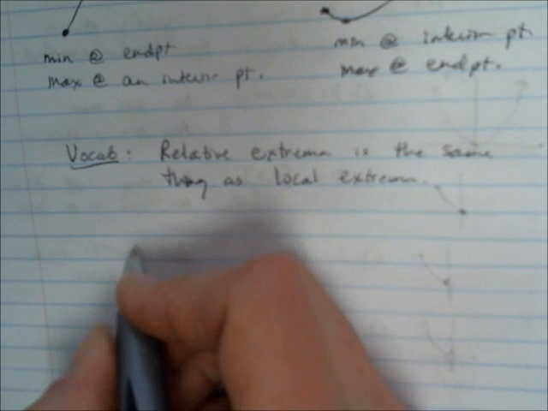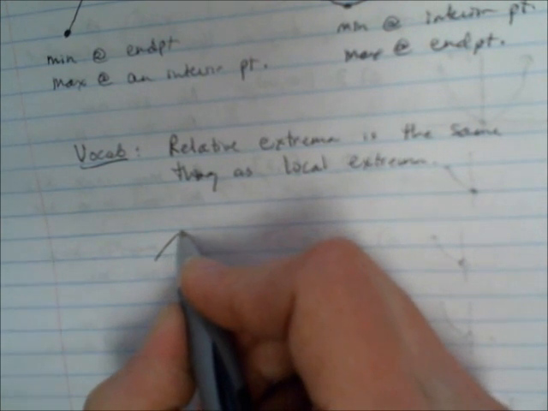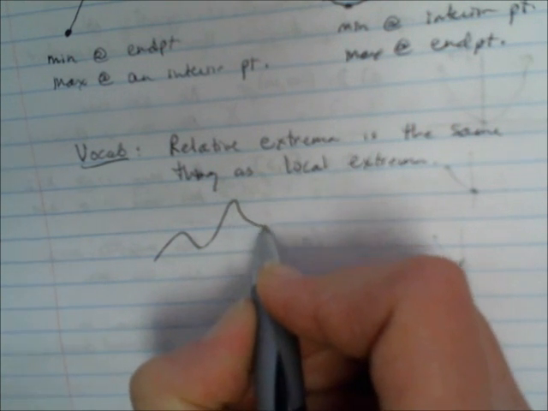Let's take a look at a similar graph to what we did the other day. If you have a function that looks like this, comes down, comes way up, and then ends here, and this is a closed interval.